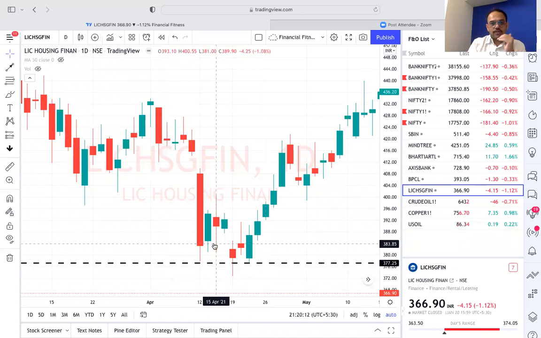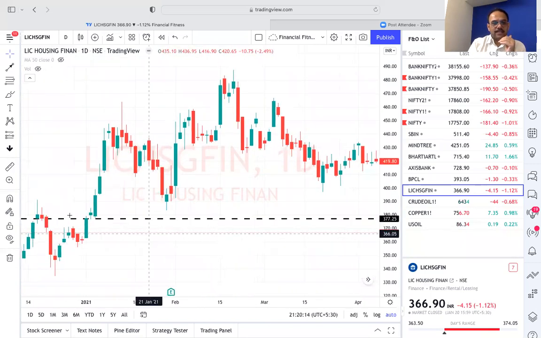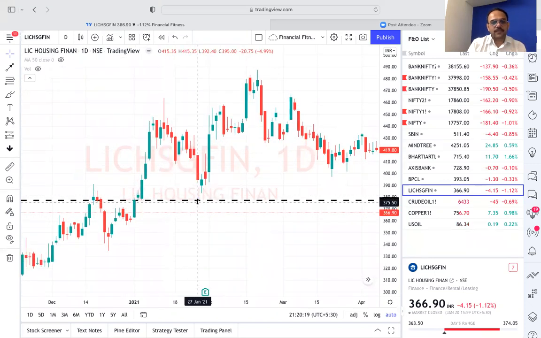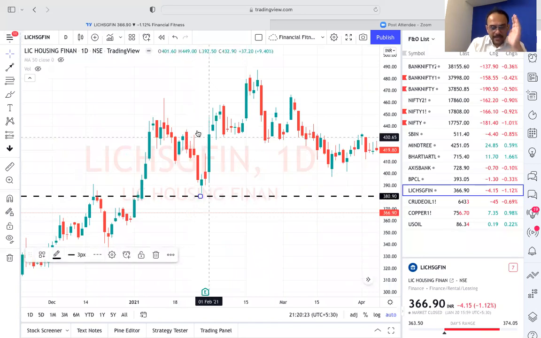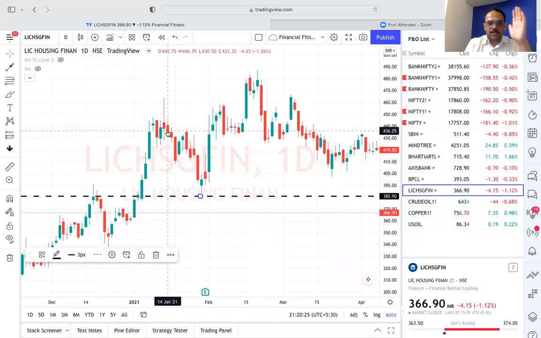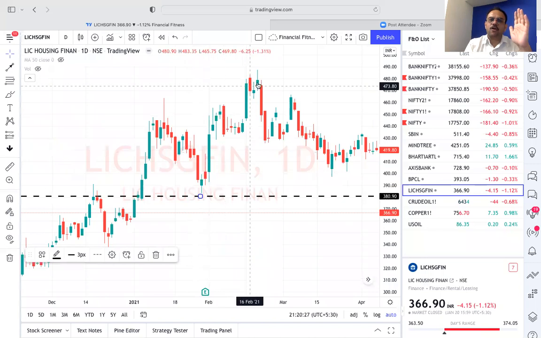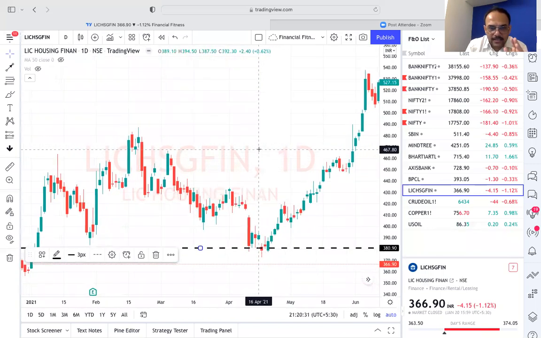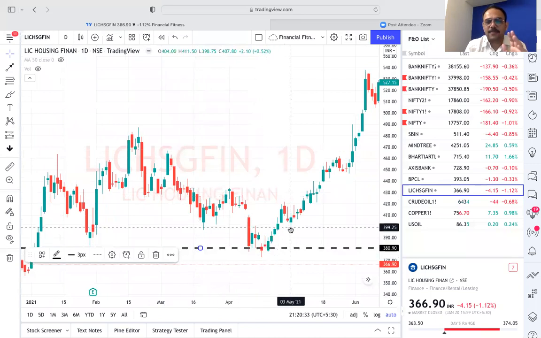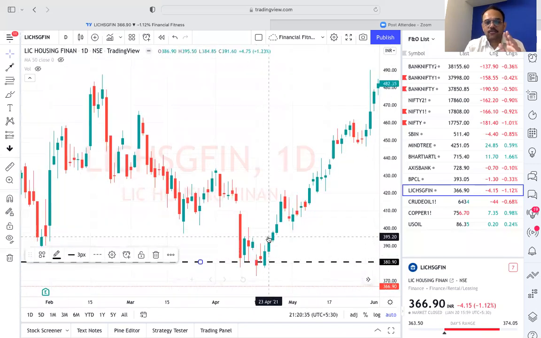You draw a horizontal line and see if in the past it has gone up from there or not. If yes, and it comes down to that level and a reversal pattern forms after a downtrend, there is a likelihood that it will go up.